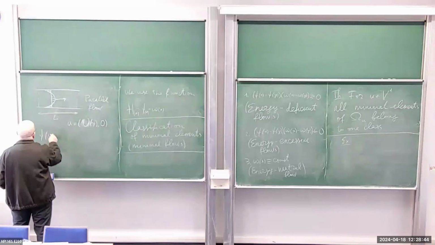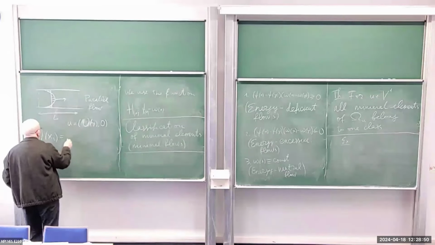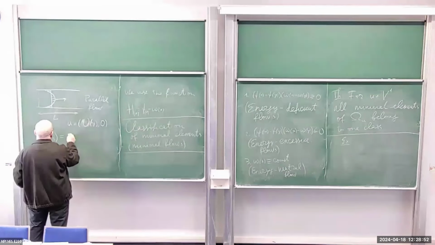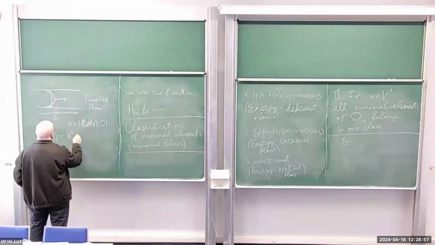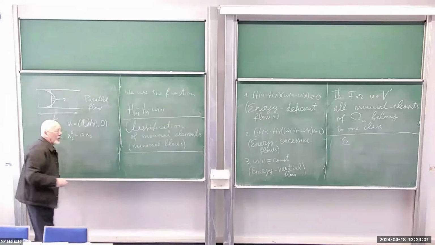Let's say if it is parabolic, psi equals x2 cubed plus a x2.